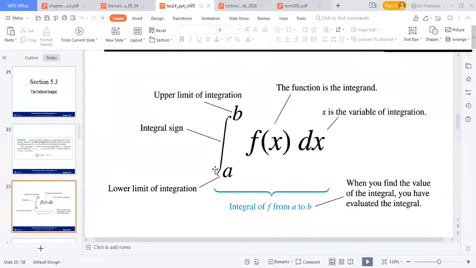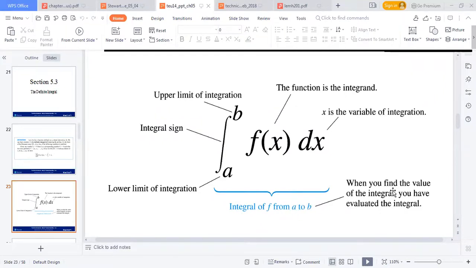This is the integral sign, which looks like a sum. So it indicates the sum of area, sum of volume, sum of profit. In business we have to find the total profit, total cost, total revenue, so we use this definite integral in business and economics. This can be said as the integral of f from a to b.